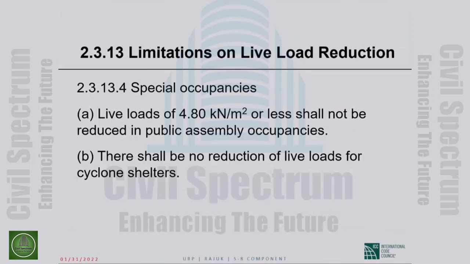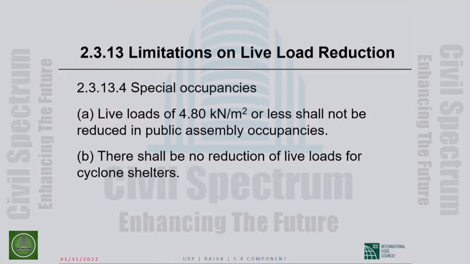Live loads of 100 pounds per square foot or less shall not be reduced in public assembly occupancies. So more than 100 pounds per square foot you cannot reduce anyway. If it is public assembly occupancy, then even less than 100 pounds per square foot you cannot reduce.